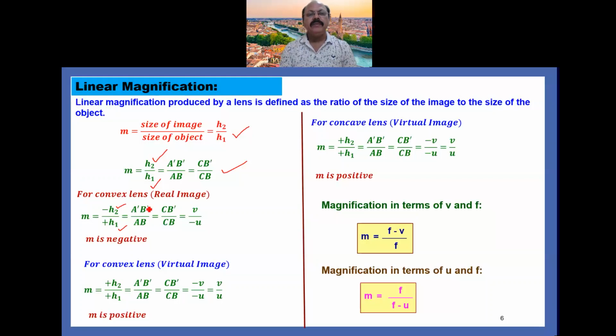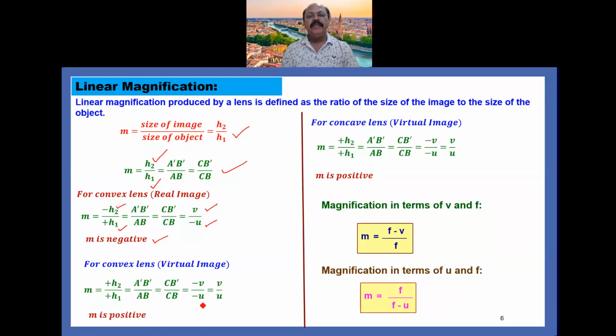Now, equal to A dash B dash upon AB, and CB dash upon CB equal to CB dash, the image distance, which is in the direction of the incident ray, so it is plus V, and the object distance, which is in the opposite direction to the incident ray, so minus U. So in that case the linear magnification is negative. But in case of the virtual image, both object and image are erect, so both are positive. So m equal to plus h2 upon plus h1 equal to A dash B dash upon AB equal to CB dash upon CB.